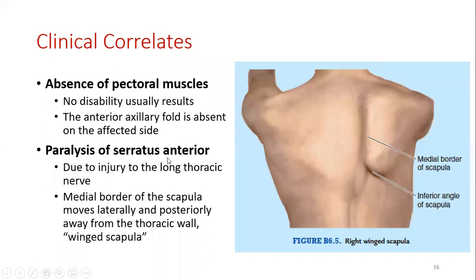So when you have paralysis of this muscle, you are not holding the scapula to the posterior body wall. When you have your patient stand up against a wall, put their hands on the wall and push, it'll be very easy and obvious to see the scapula being pushed back, because it doesn't have a muscle holding it to the posterior body wall anymore, since your serratus anterior has been injured.